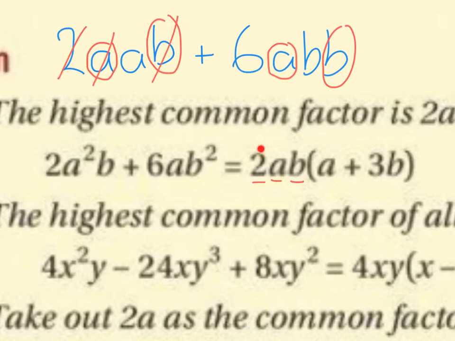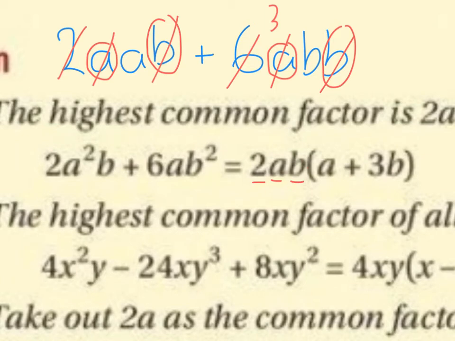So 2 into 6 is going to go 3 times. So that's where that 3 comes from. A into A will cancel. And B into B will cancel. And then we're just left with that B. So that's where that B comes from there.